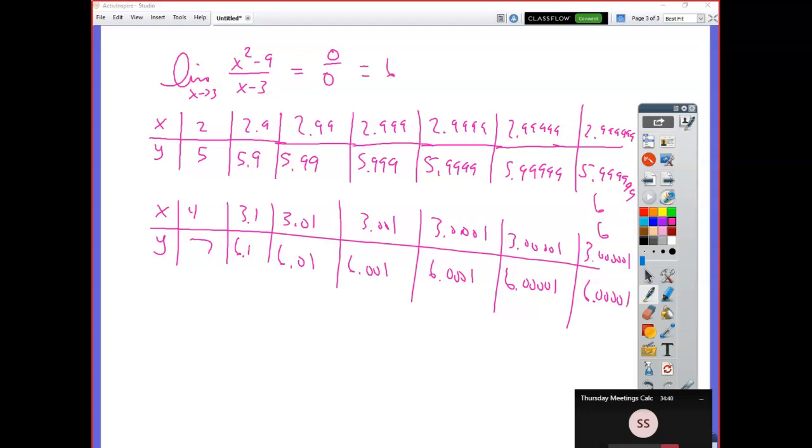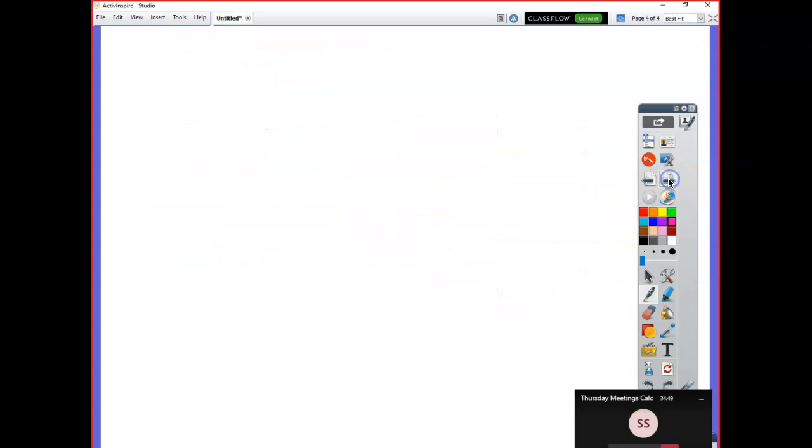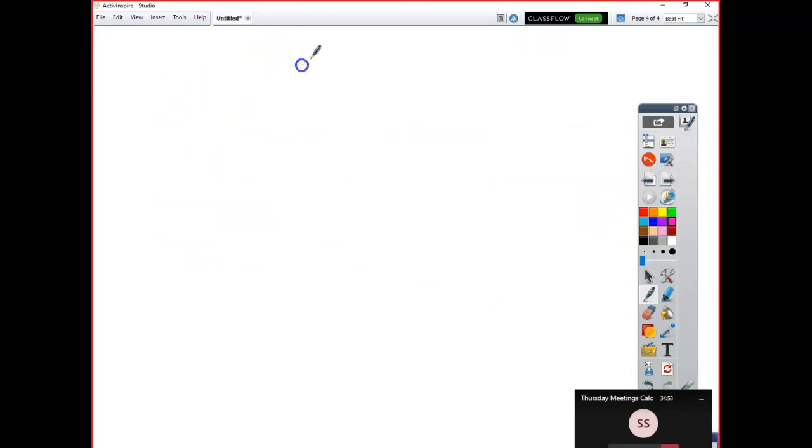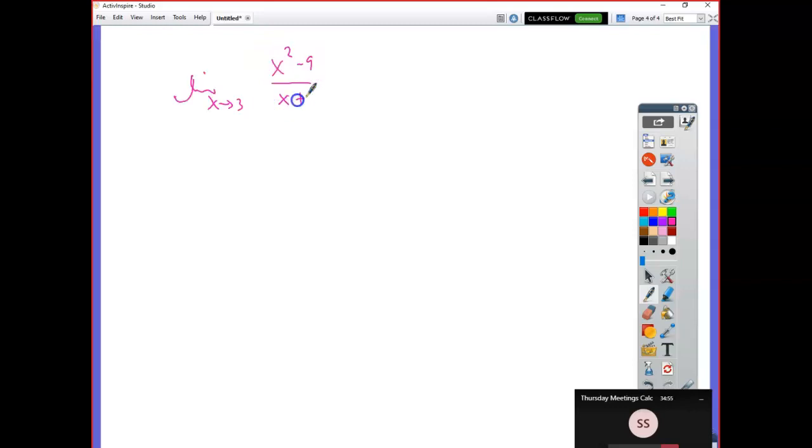It's solvable. The reason is because we know from Algebra 2 how to deal with this. Let's graph it. Limit as x approaches 3 of x squared minus 9 over x minus 3.